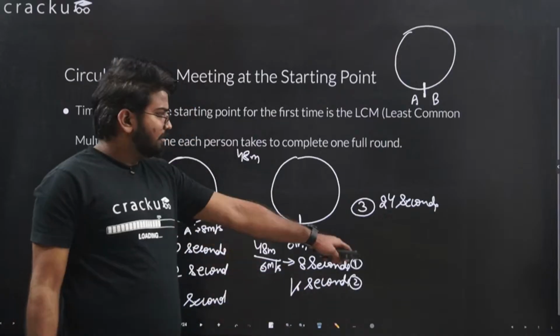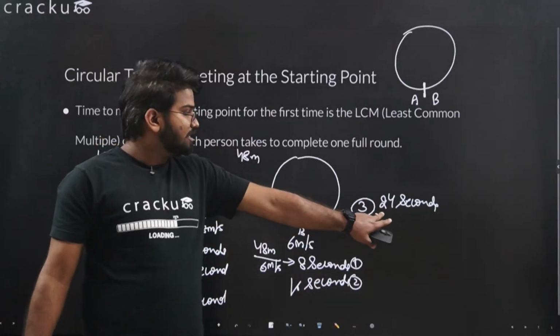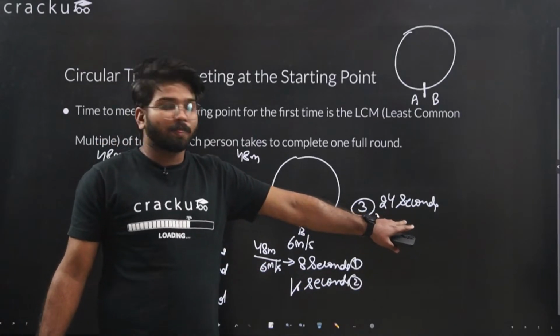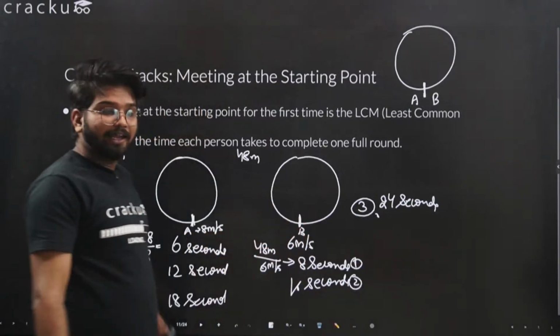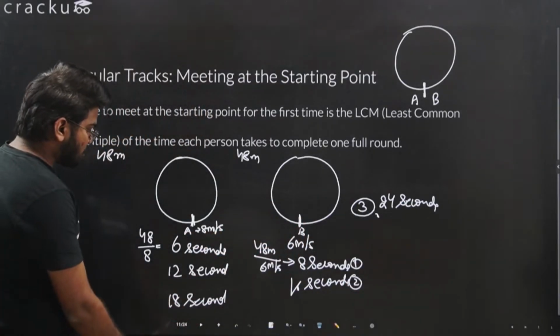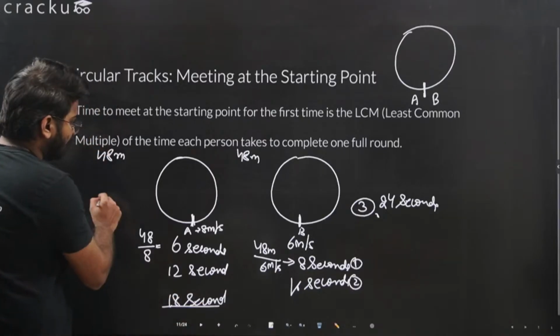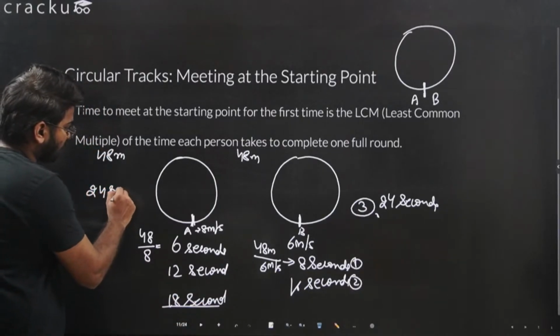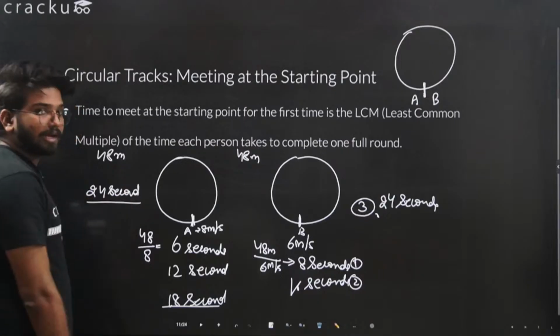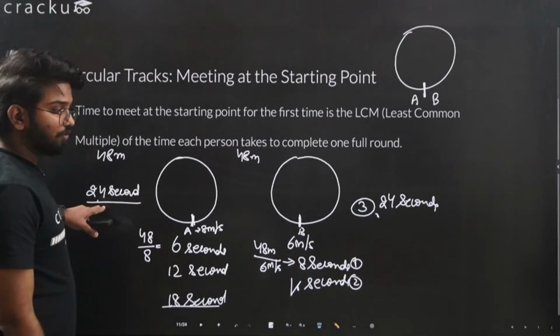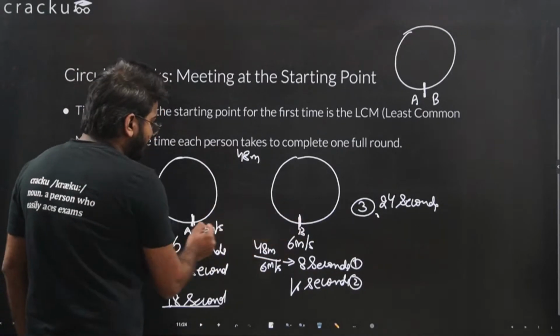But we know that if B reached this same starting point at 24 seconds, A will also reach the same point at 24 seconds. It means at 24 seconds, both of them are at the same starting point.